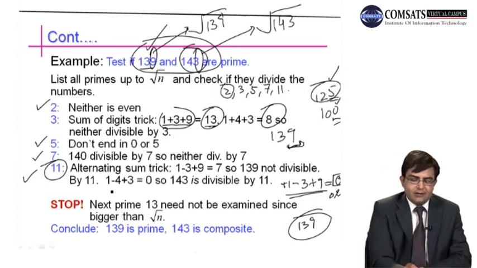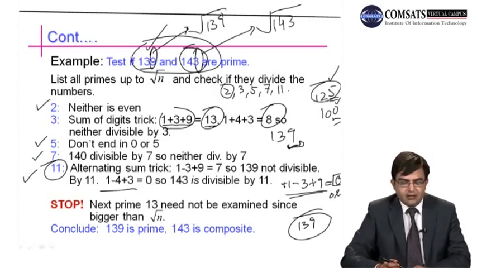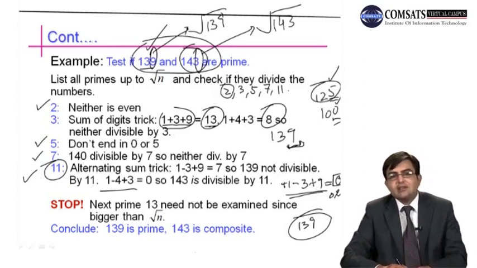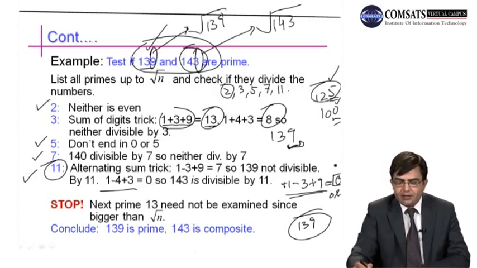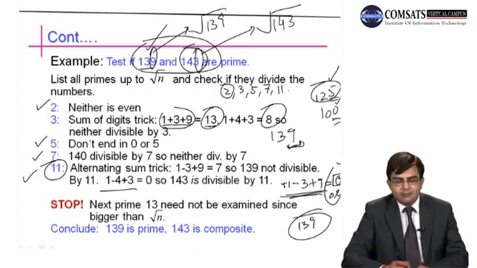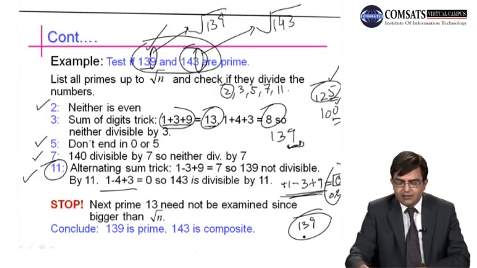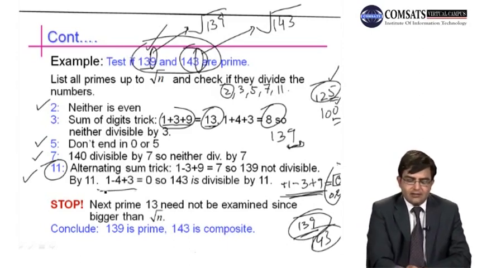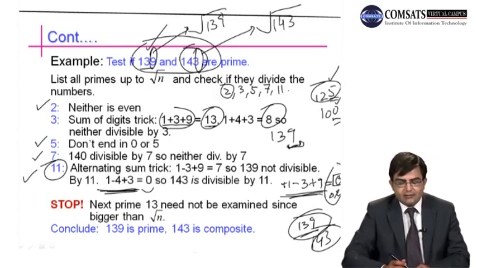Similar reasoning we apply on 143: 1 plus 1 minus 4 plus 3. Now this becomes 0. As I have told you, if the resulting number is 0 or divisible by 11, then the whole number is divisible by 11. So this simplification gives us 0, so we conclude that 143 is divisible by 11.